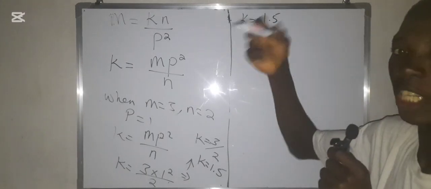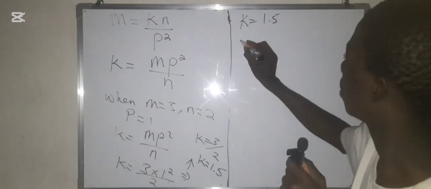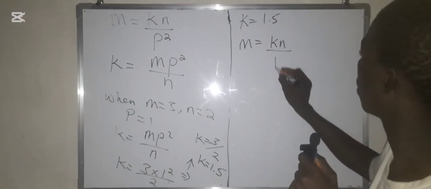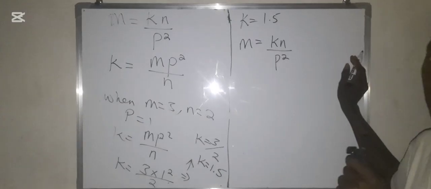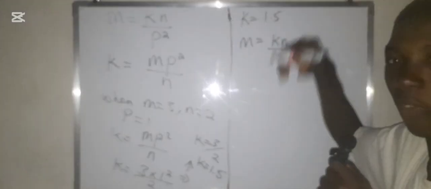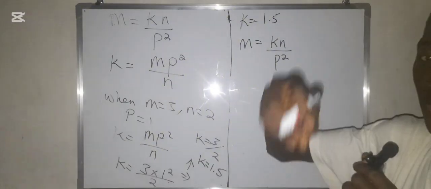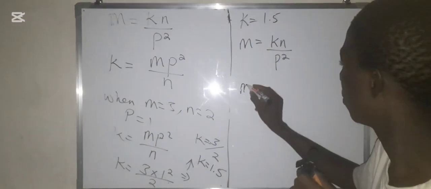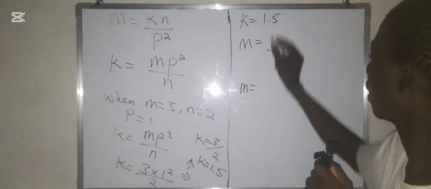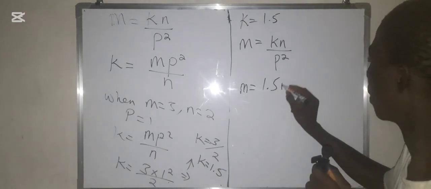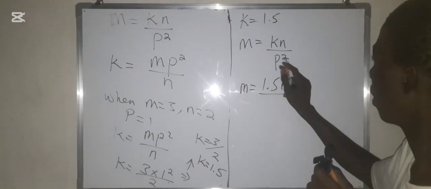Now remember, the equation was M equals K N over P square. Now we substitute K into this to find our equation connecting M, N, and P. So M is equal to, what is K? K is 1.5, times N, all over P square.